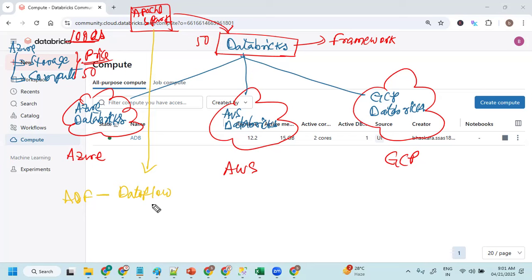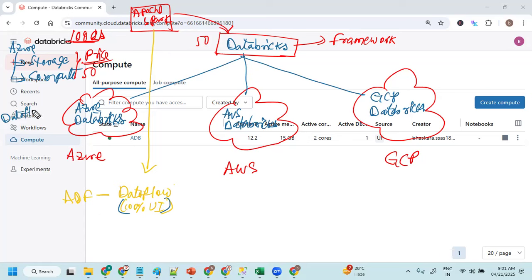Before data flow, if any project was there, they used to do the data transformations with the stored procedures. They had an Azure data warehouse, so on top of Azure data warehouse, they used to do the data processing. It's a different story, forget about it. Later they provided this data flow. It's 100% way. We already came across this data flow, right? We already seen it.